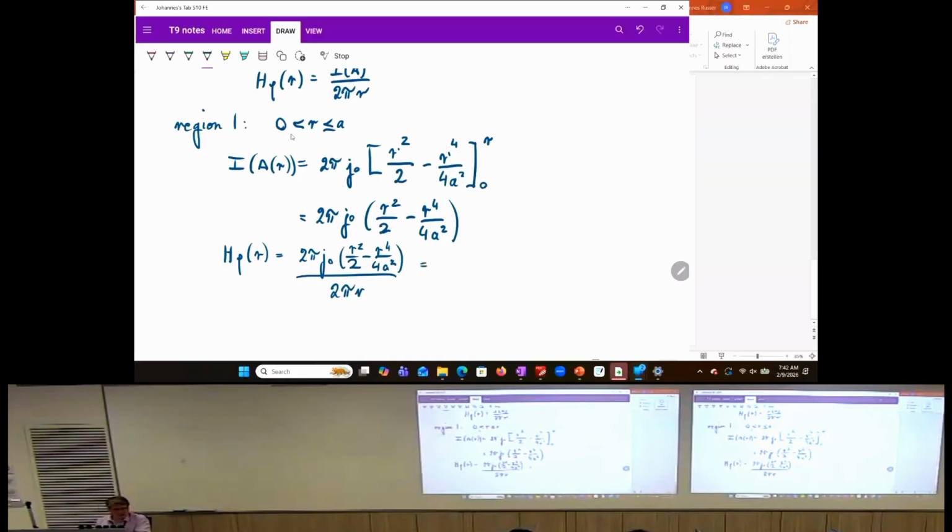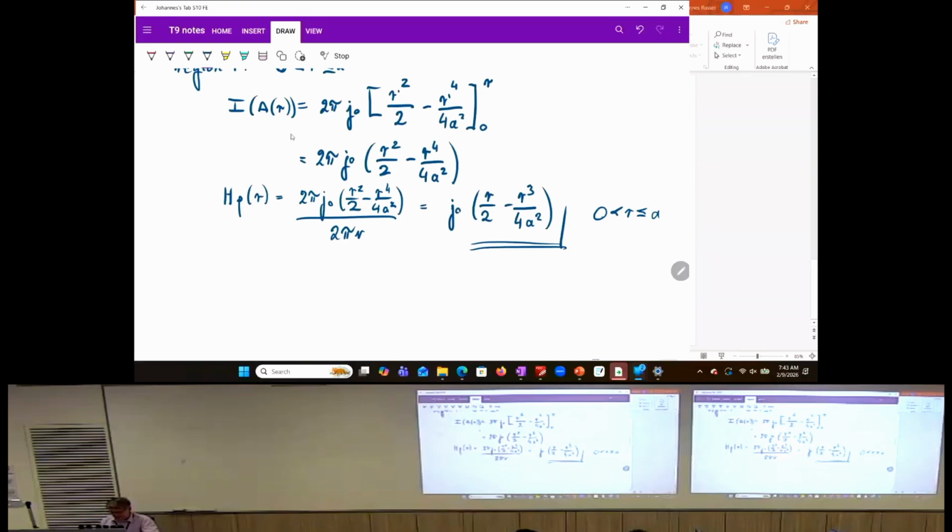And that would be j naught r over 2 minus r to the power of 3 over 4a squared. And that is our field for r larger than 0 but equal or smaller than a.